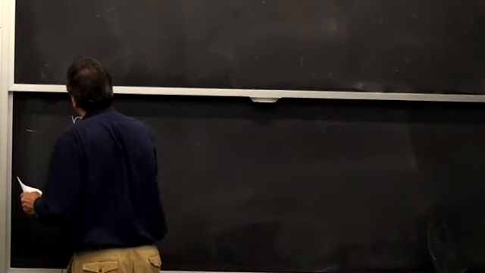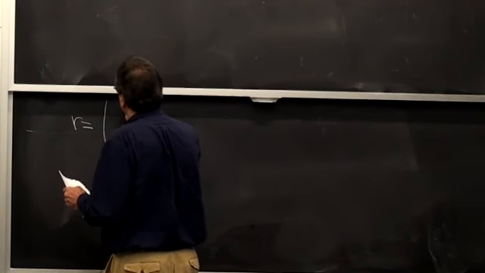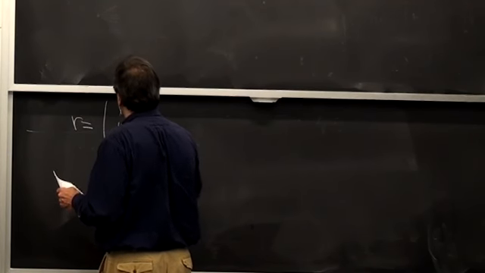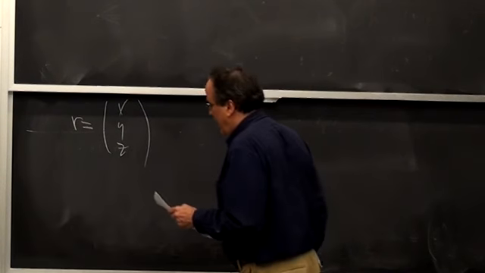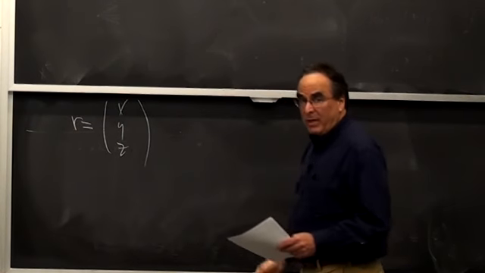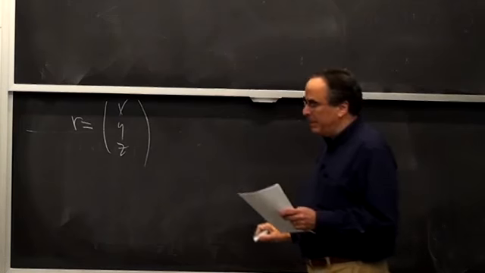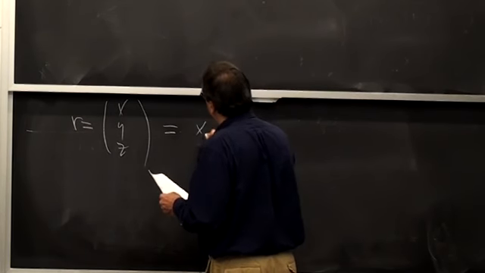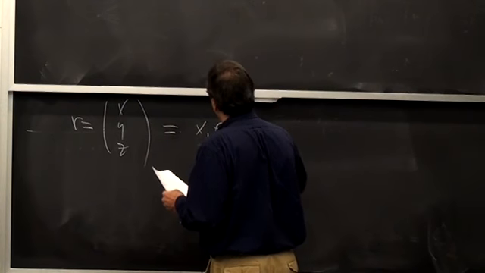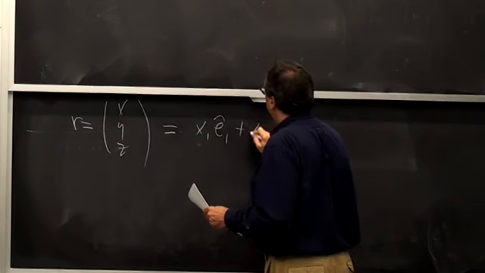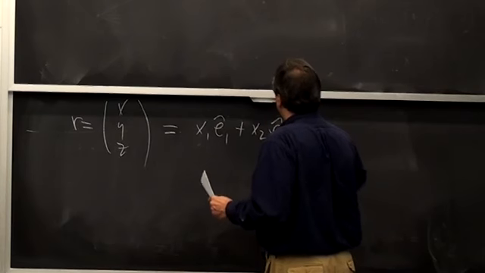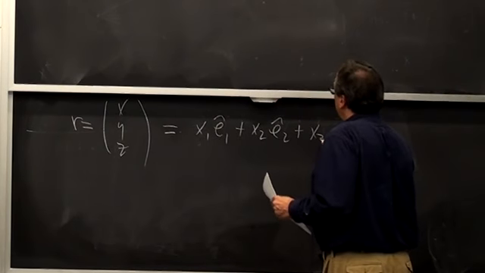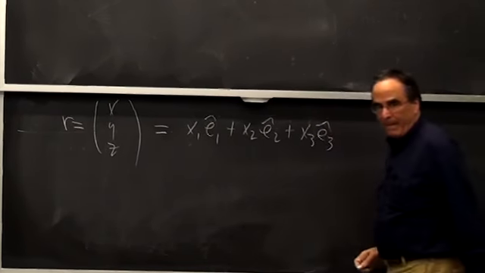So here is a vector. We represent it by x, y, z. But we can choose a better representation. We can say this is x1, e1 unit vector, x2, e2, x3, e3.